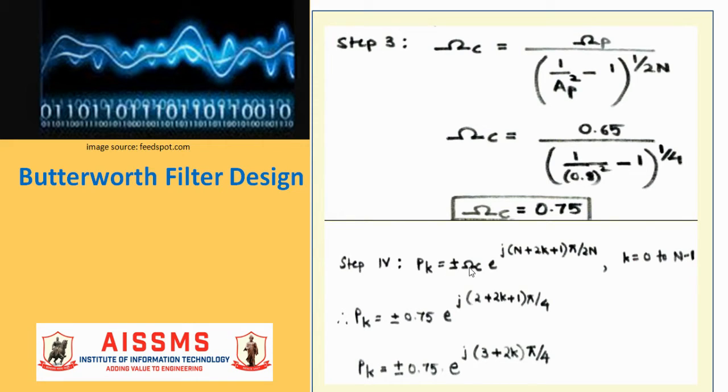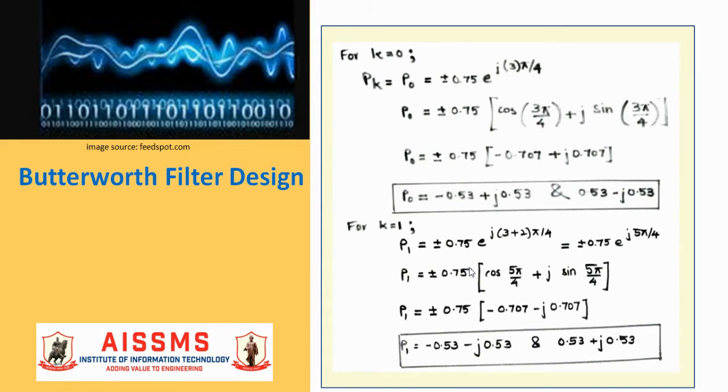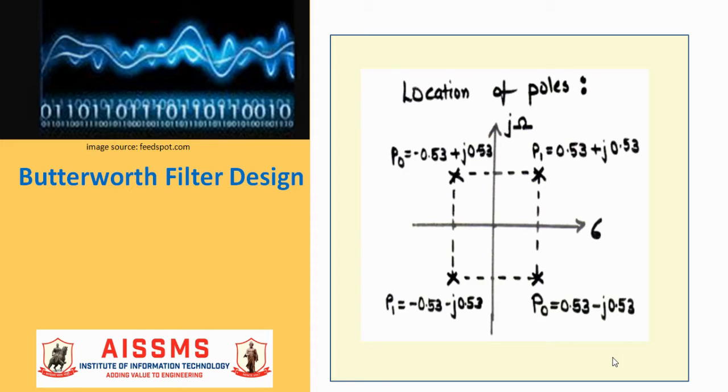Simplifying Pk further and finding poles when k equal to 0 and when k equal to 1 are as seen. Here we are applying Euler's identity and then simplifying further to get the pole P0, similarly for pole P1.